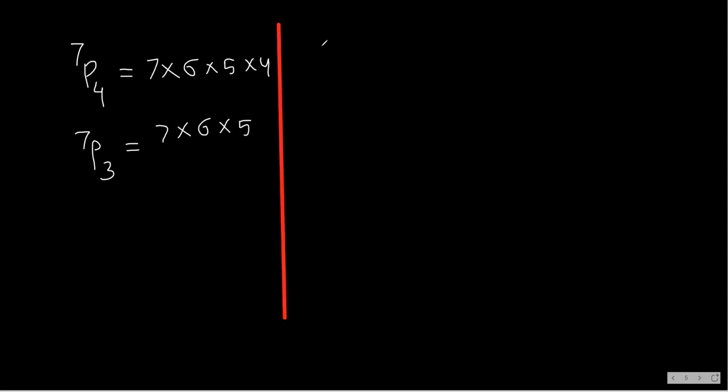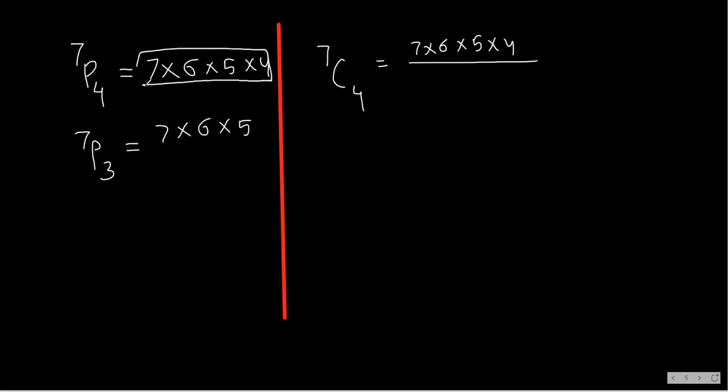Now, this shortcut way of writing the value also works in combination. If you have 7C4, you will write 7 into 6 into 5 into 4, that is, 4 numbers as you wrote for 7P4. But there, you did not write anything in the denominator.